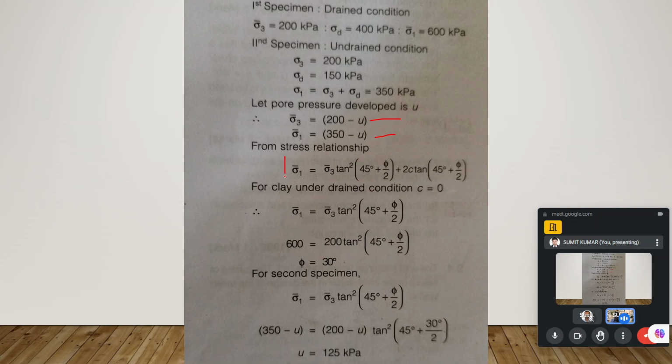And when we use the interrelation which I have written for you, you are able to find the value of phi from here. Once phi is known, we are able to calculate the pore water pressure for this specimen, and that is the problem we need to solve.